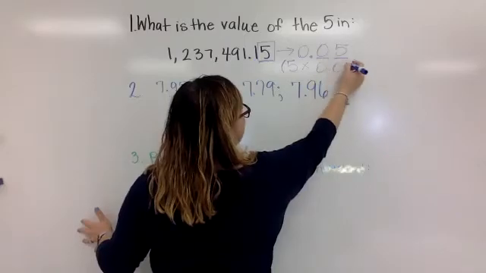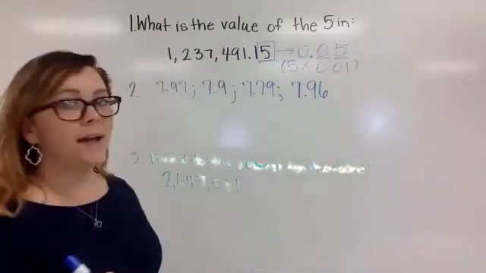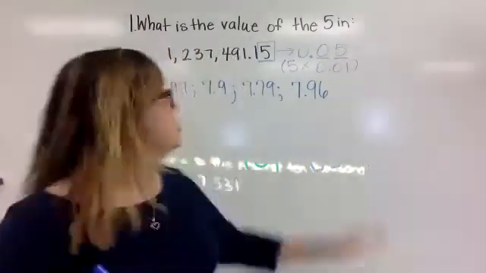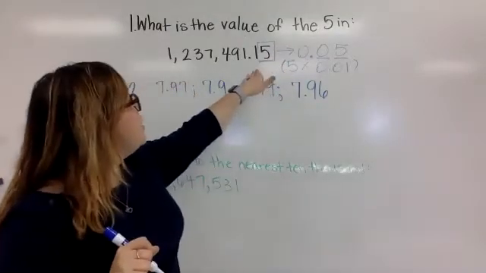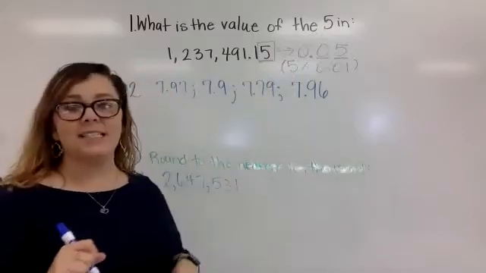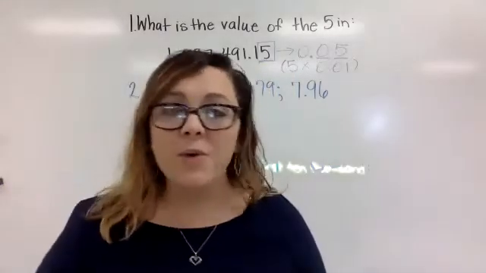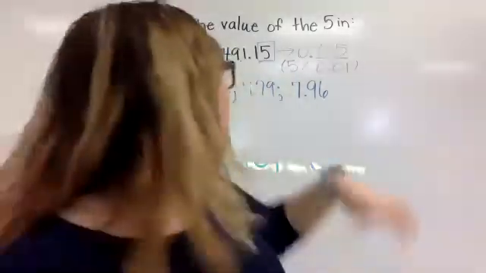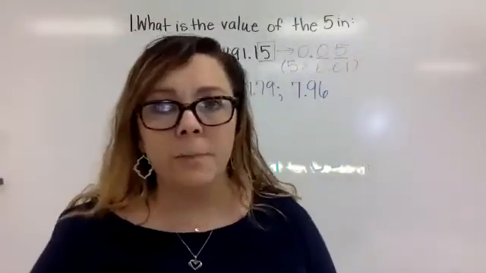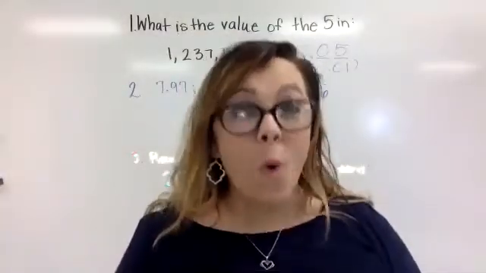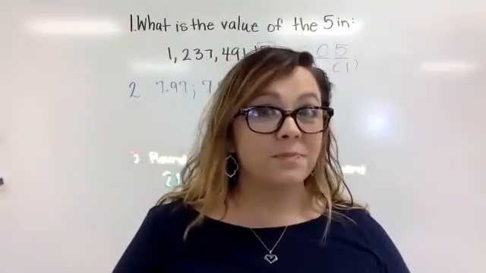So we would multiply it times hundredth. So either of these can represent the value of the 5 in this number. It has a value of 5 hundredths, so we can write it as 5 hundredths, or we can write it in expanded form, 5 times hundredth.